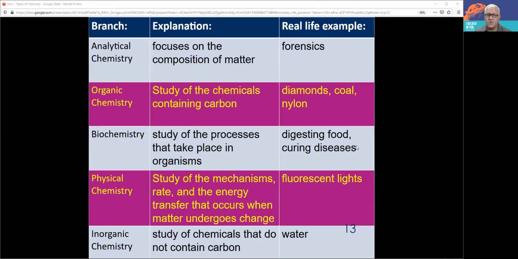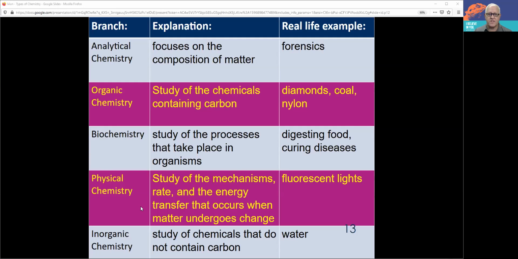Can also use biochemistry for developing and curing diseases. A lot of what's going on right now in developing a vaccine for the coronavirus is working with biochemists who are doing experiments and testing different chemical compounds to see if they can neutralize the coronavirus.